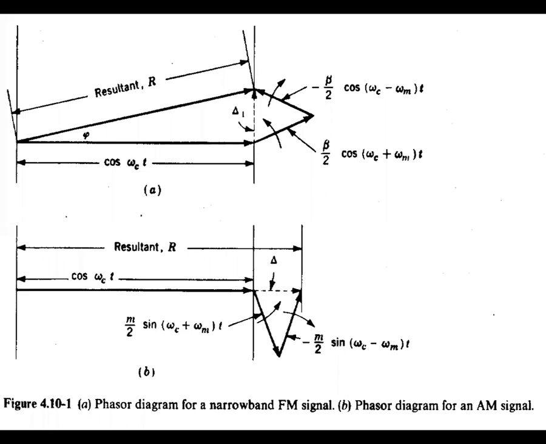Fc plus fm is the upper sideband, and fc minus fm is the lower sideband. Beta by 2 cos (omega c plus omega m) t is counterclockwise, and minus beta by 2 cos (omega c minus omega m) t is clockwise.